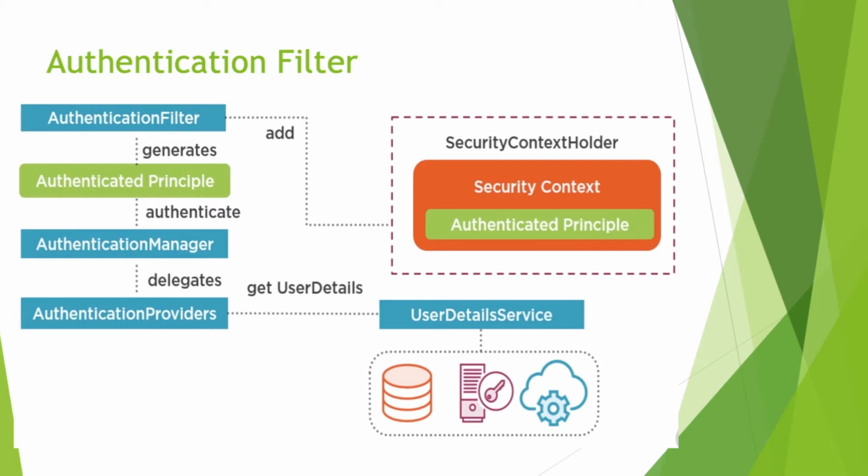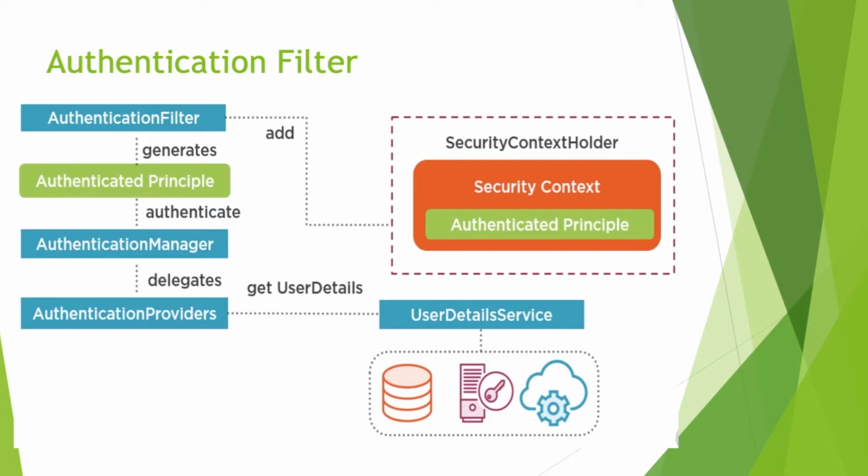There's also a method on this authentication object called isAuthenticated, which returns a boolean. When the authentication is in the request stage, it returns false, and when it's in the authenticated principal stage, isAuthenticated returns true.